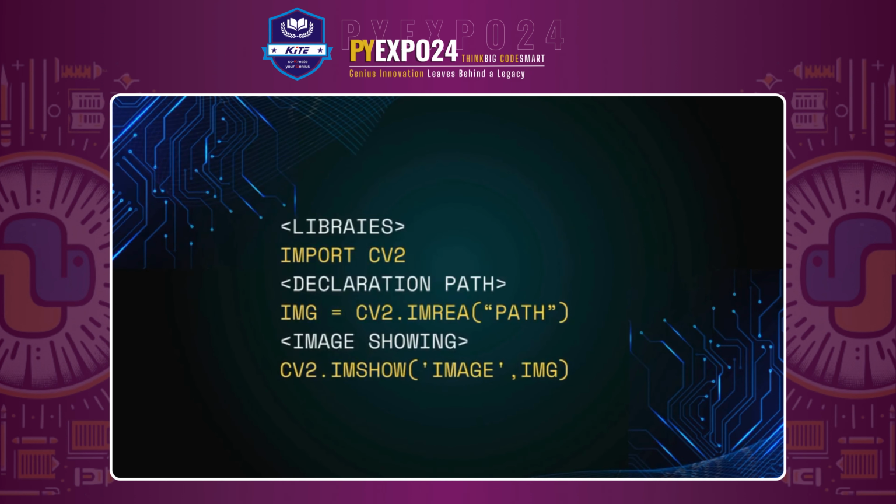Given a basic program to load an image, we can use the OpenCV function imshow. Imshow stands for image show. Then import cv2 is a library function. CV stands for computer vision, and 2 is a version number.